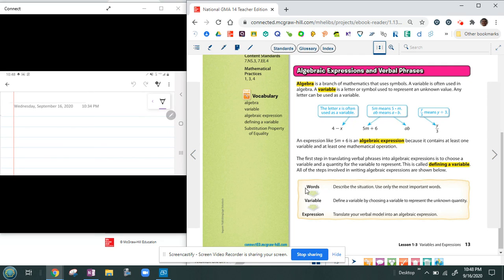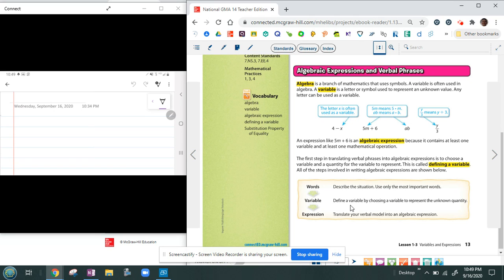All right, here's a little process that we're going to use to get from words to our algebraic expression. You can basically summarize a word problem or something that could be written in an expression. Summarize it with just the most important words.